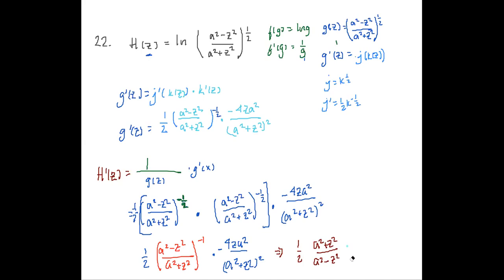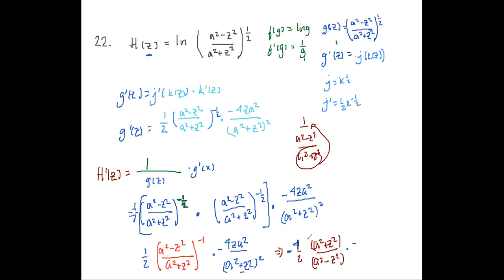Because basically what I did is I said, okay, so this is 1 over a squared minus z squared over a squared plus z squared, and what I can do is I can just move that back up to the numerator. So now I have this function, which matches up with what I have down here.